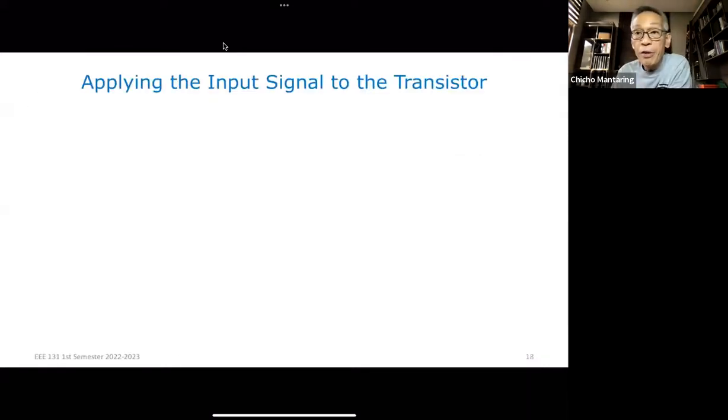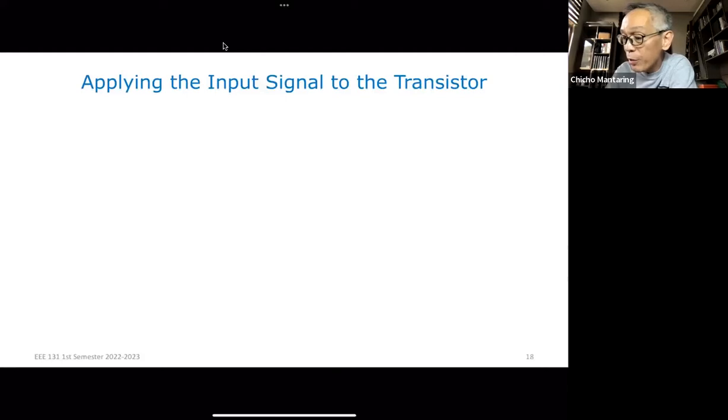Okay, so we have three models of three transistor configurations: common emitter, common collector, common base. Okay, how do we apply now the input signal? So the first step in designing an amplifier circuit is always designing the biasing circuit.